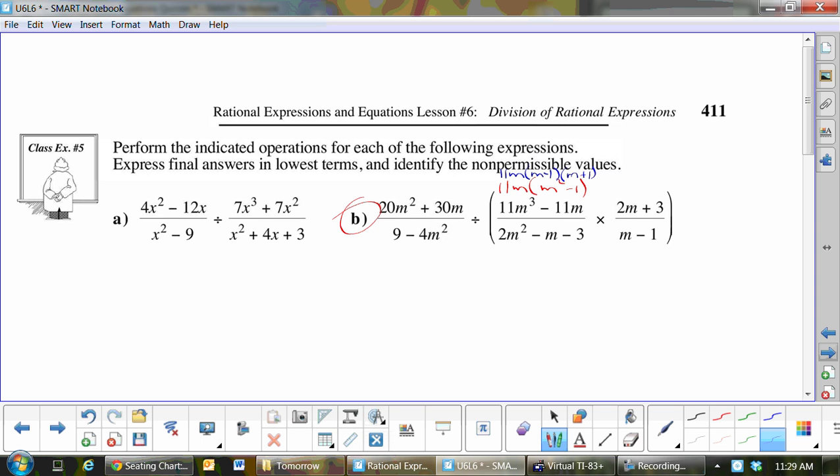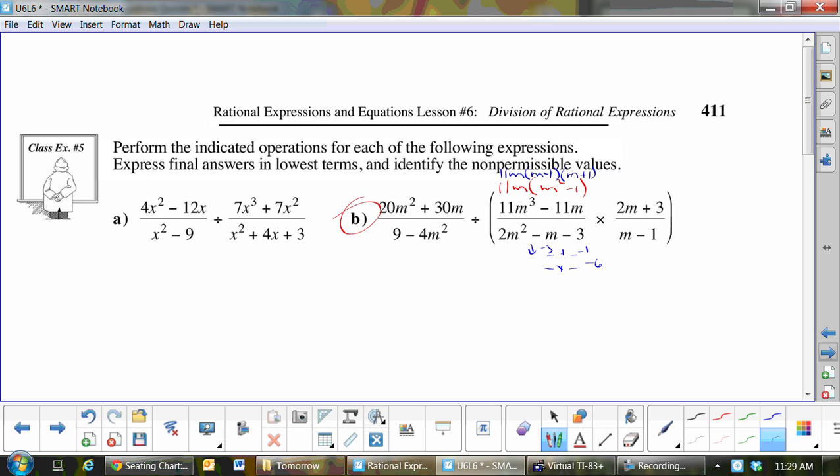Okay, now let's move down. Okay, so 2m squared minus m minus 3. Remember, for this one we're looking for two things that add to give me negative 1 and multiply to give me negative 6.